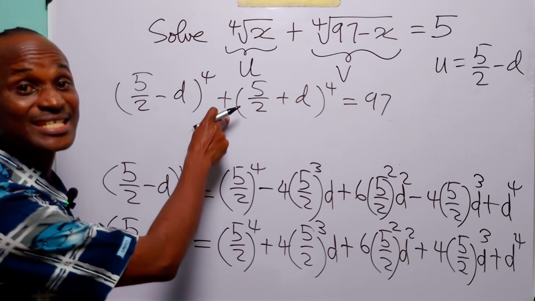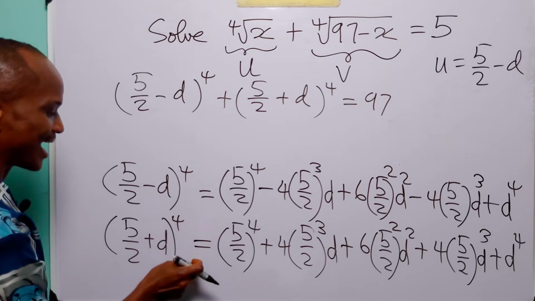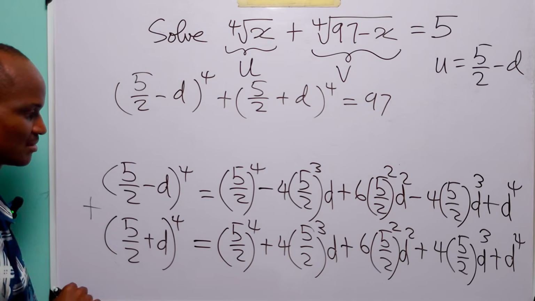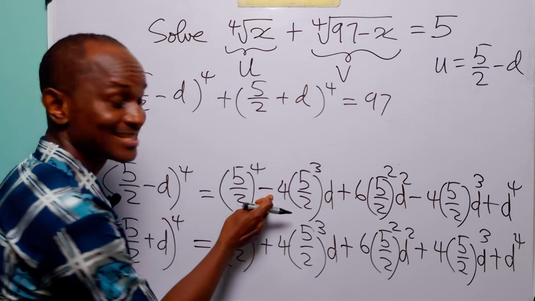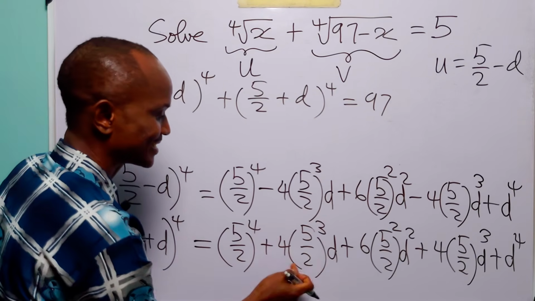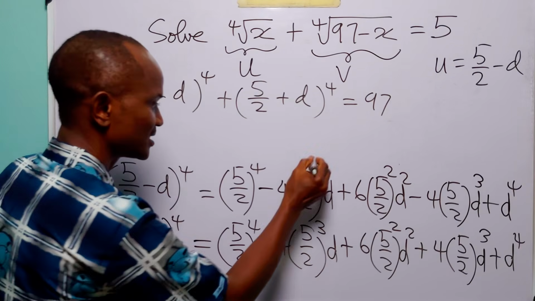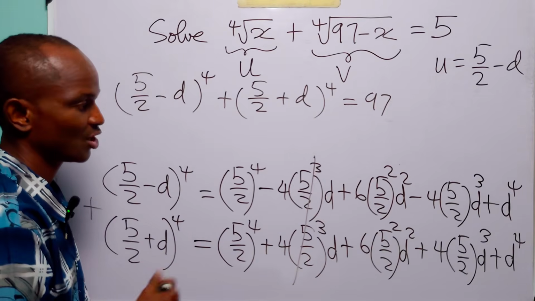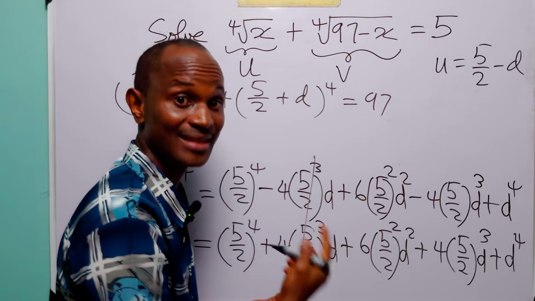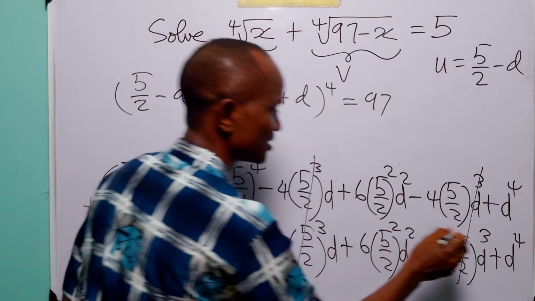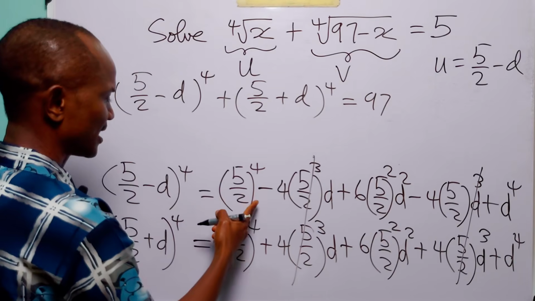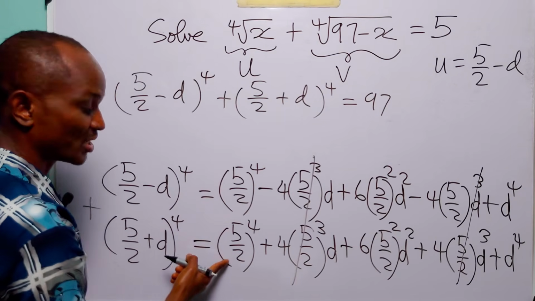And of course, because of this addition, you know that we are going to add these two expansions. So here we have plus. Now notice that this is negative and this is positive, and they are exactly the same terms. So this is going to take care of that. Once more, notice that this is negative while this is positive, and they are exactly the same terms. So this is also going to take care of that. Leaving us with, here we have 2 of this.